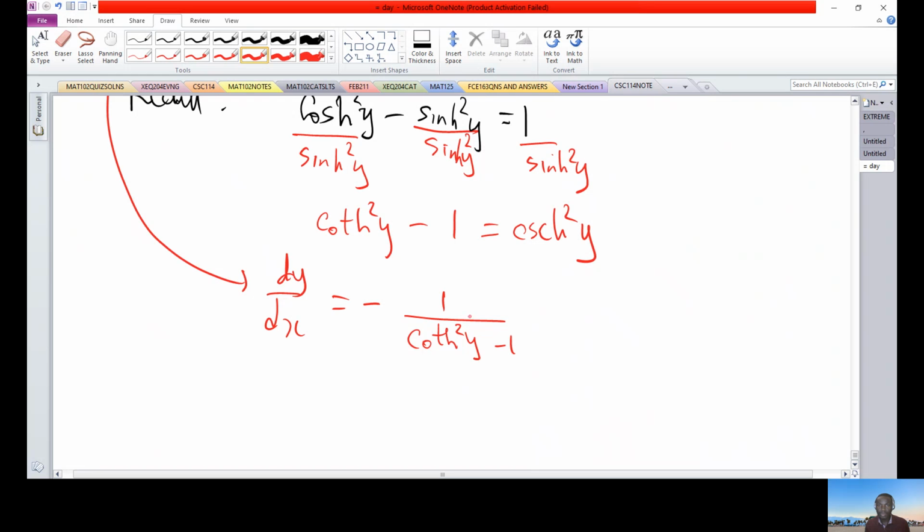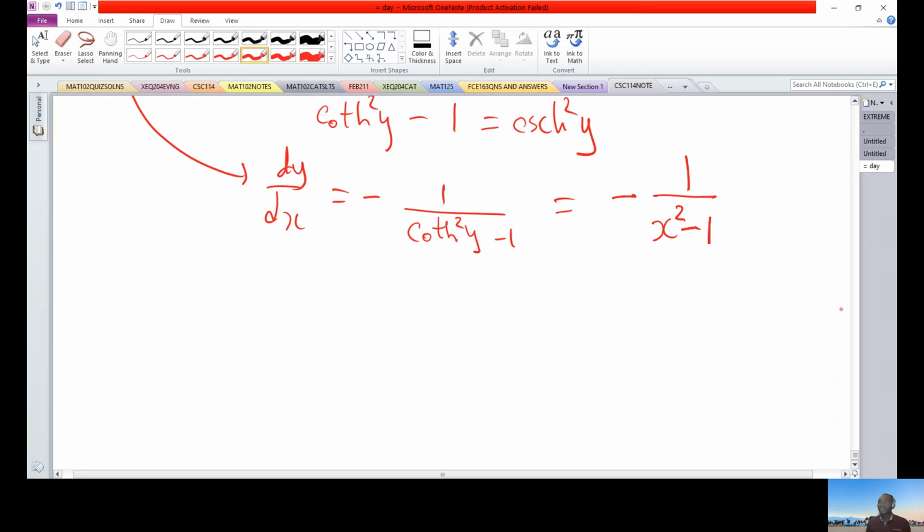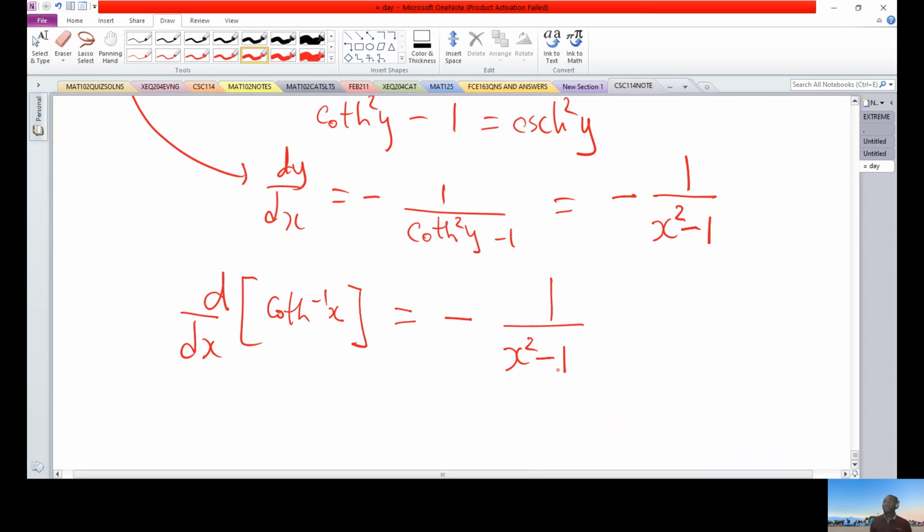So therefore, this will be squared. It's like negative 1 over x squared minus 1. So therefore, this is the function that defines the d/dx. So d/dx of hyperbolic cot inverse of x is given by negative 1 over x squared minus 1.